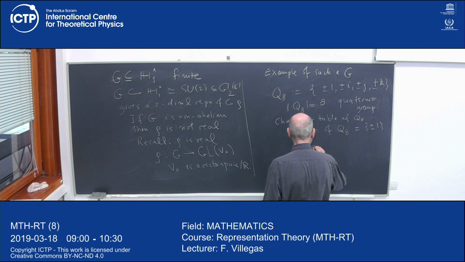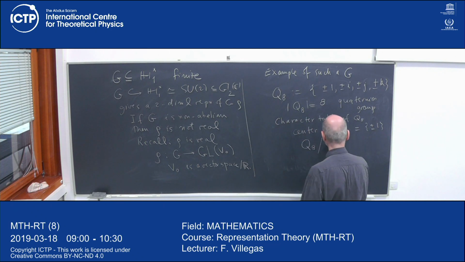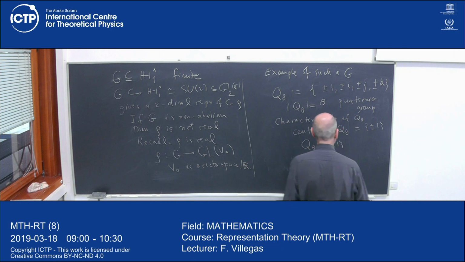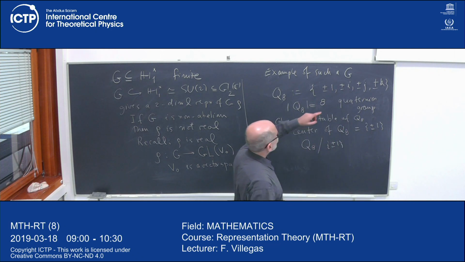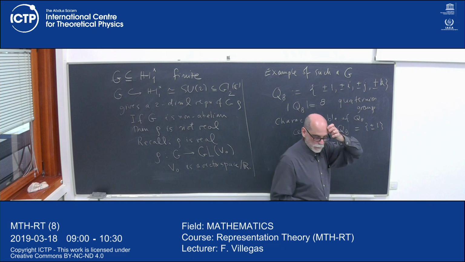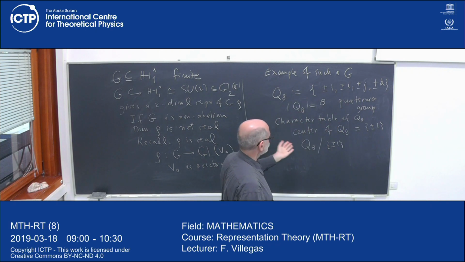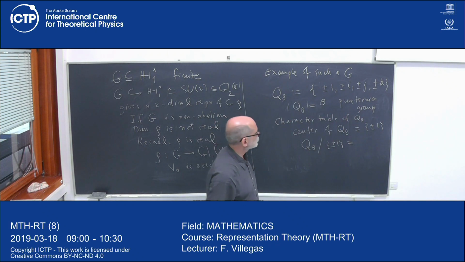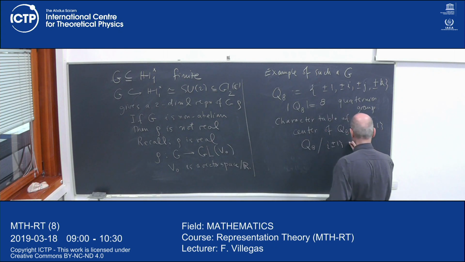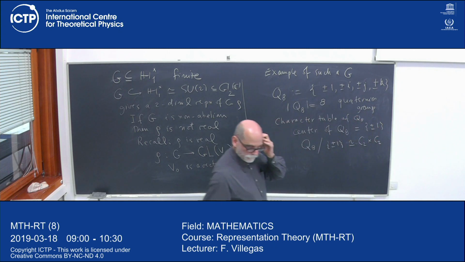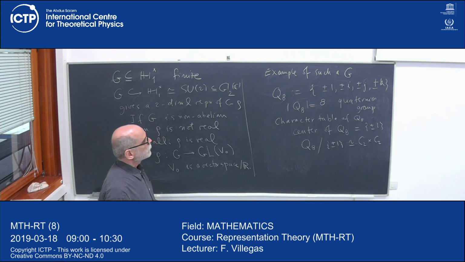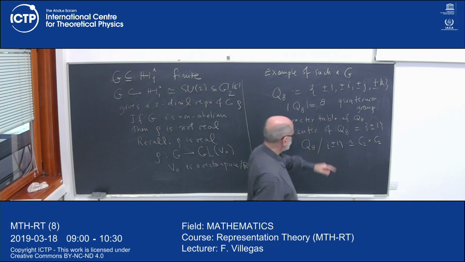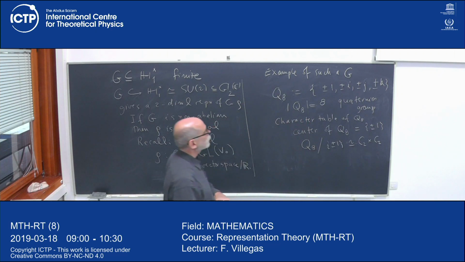And if you divide by this normal subgroup, you get a group of order 4, where plus or minus 1 are both identified because you put them in the quotient. So now ij is the same as ji in the quotient, so this group is isomorphic to the cyclic group of order 2 cross the cyclic group of order 2, because by quotienting out by plus or minus 1, you forget the signs.